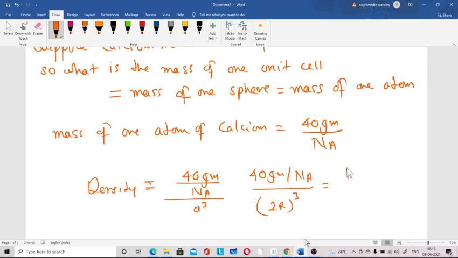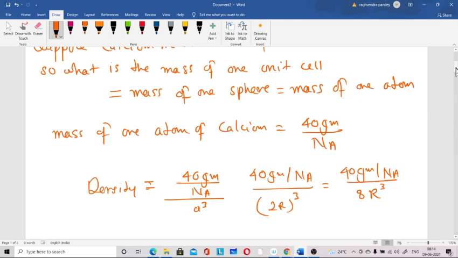So that will be 40 gram by Na upon 8R cube. So this is how we find the density.